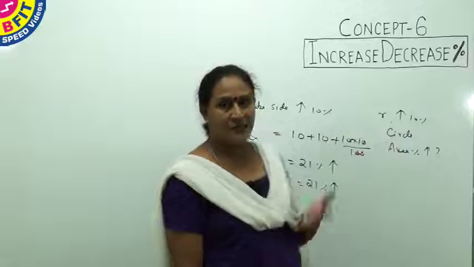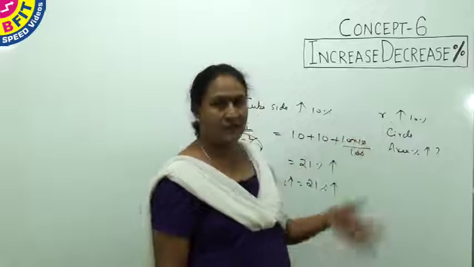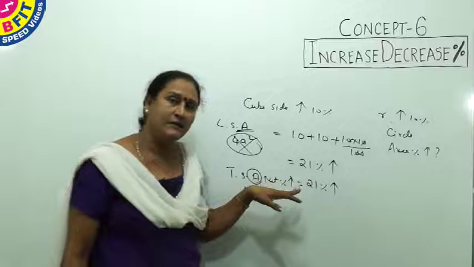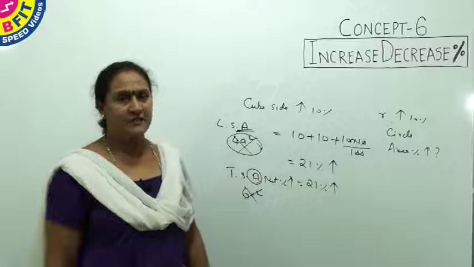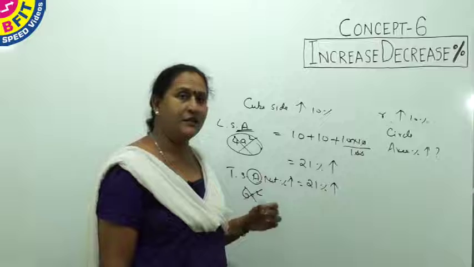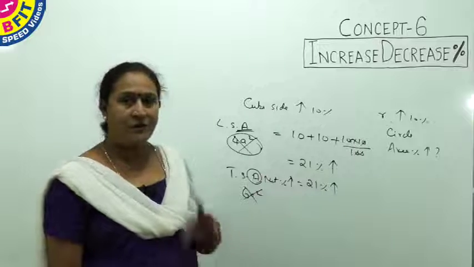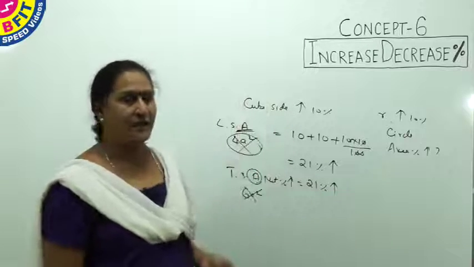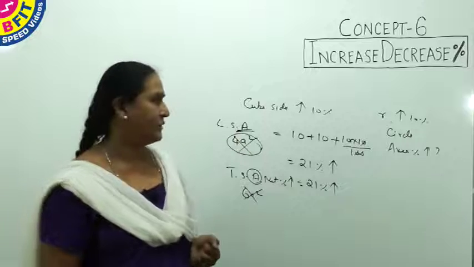If it is a square also, if area increase is asked, if side is increased by 10%, area increase will be the same 21%. So whenever area is given, it is two-dimensional, and whenever two changes are there, x plus y plus xy by 100 will be very handy to work out.